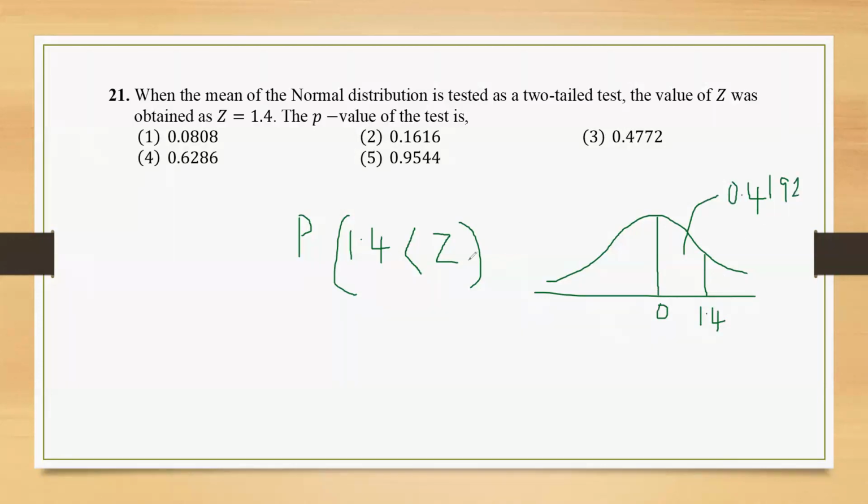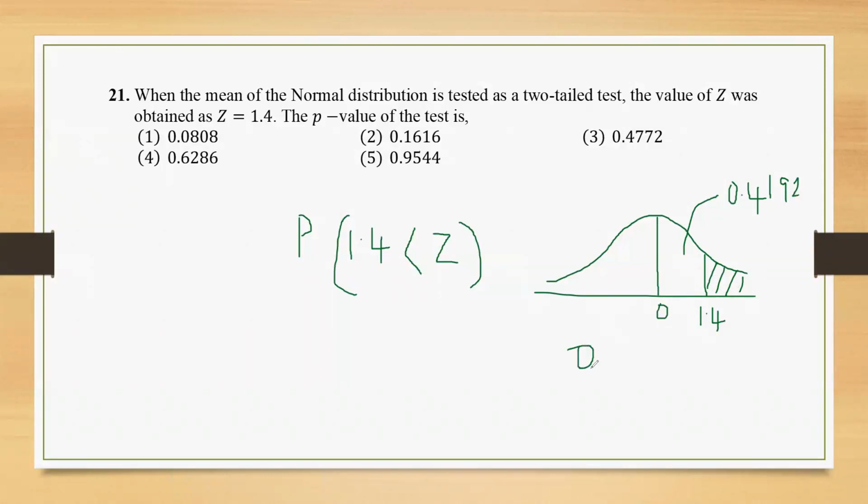So if you want to calculate p value, you need to consider this part, right? Why? Because you need to calculate the probability that z is greater than 1.4. Greater than means the right hand side part.